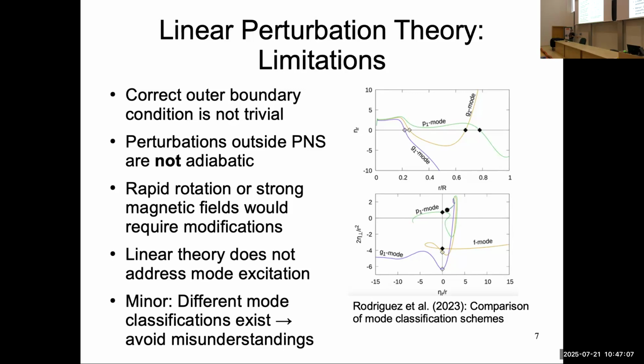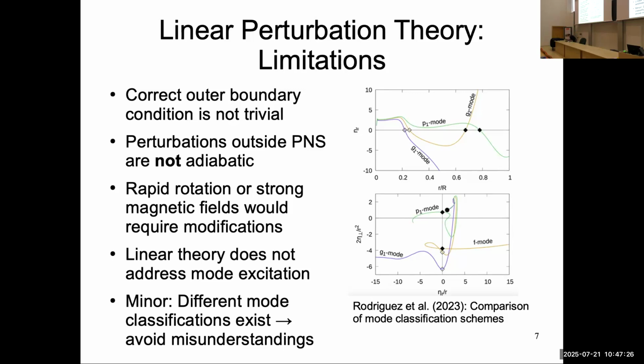There are some different classification schemes, and there are some discussions in the literature that can simply be avoided if we're just calling things by a slightly different name because we are using a slightly different convention for labeling our modes.